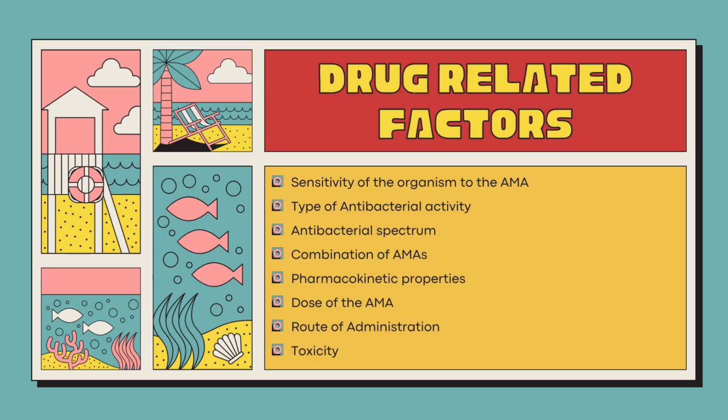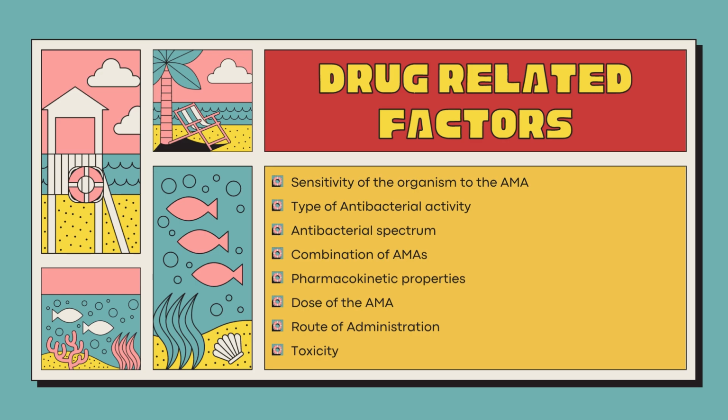Next would be the toxicity. If a number of antimicrobial agents having similar efficacy can be used for the treatment of an infection, the least toxic antimicrobial agent is the preferable one to choose. Such examples include penicillins, cephalosporins, and erythromycins, which are preferred over aminoglycosides, tetracyclines, chloramphenicol, and vancomycin.